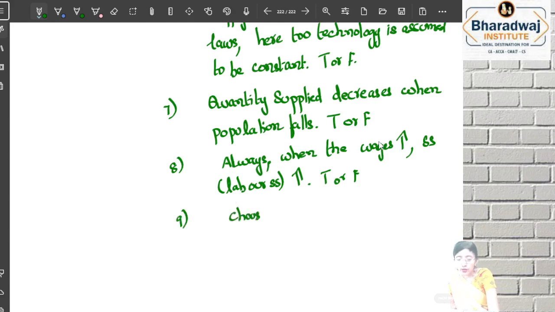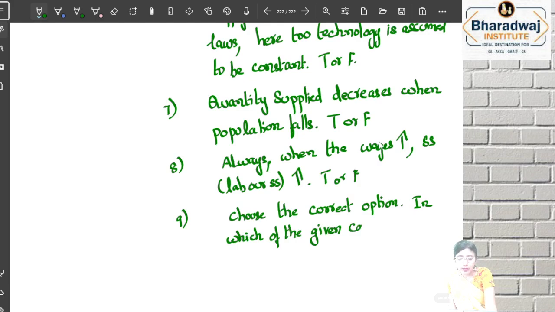Choose the correct option. In which of the given cases is the law of supply violated?